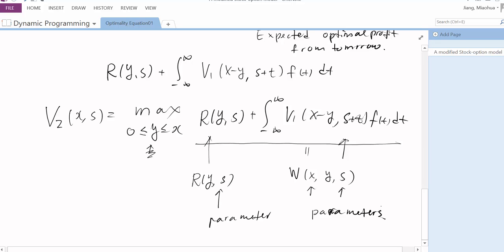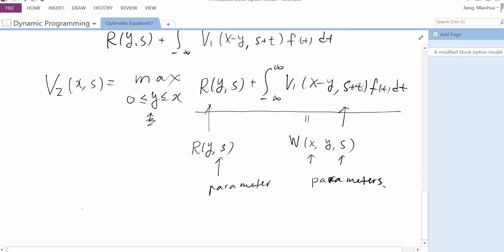So we always optimize over the action variable y, with state variables s and x as parameters.